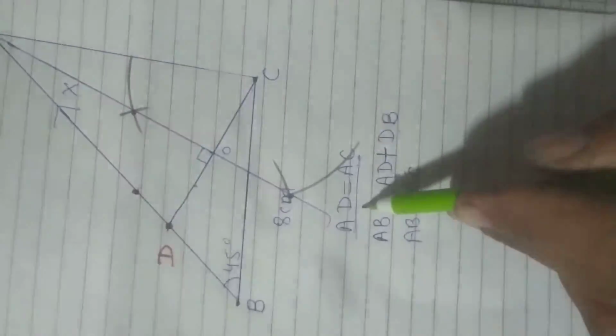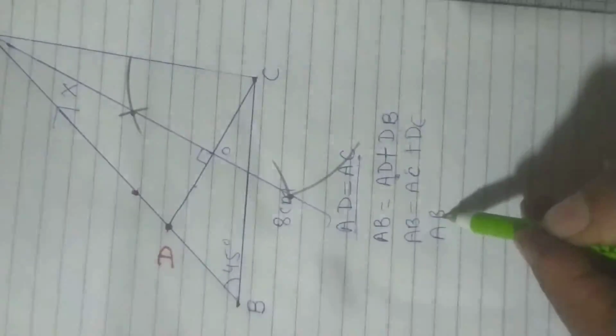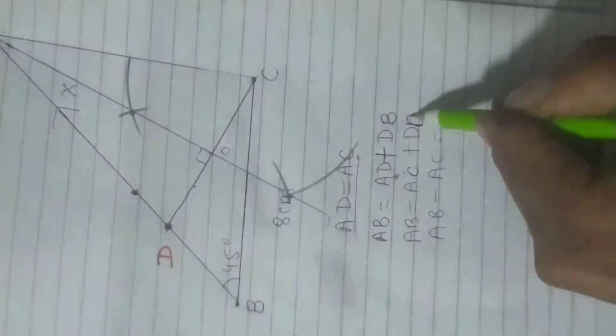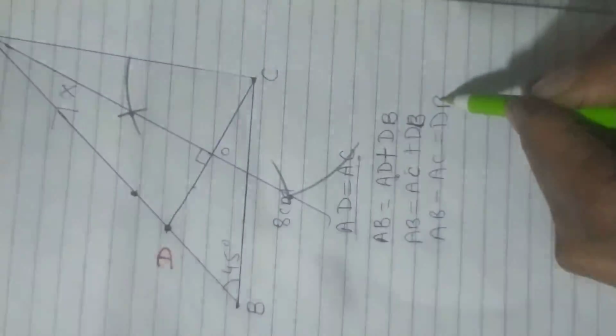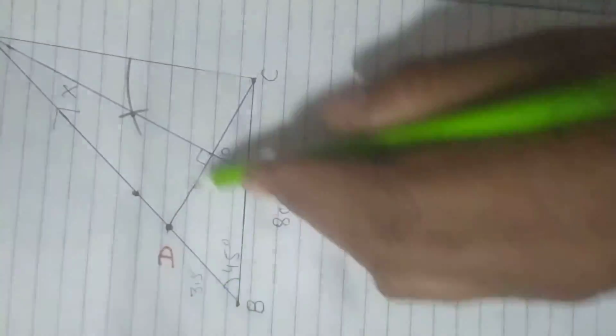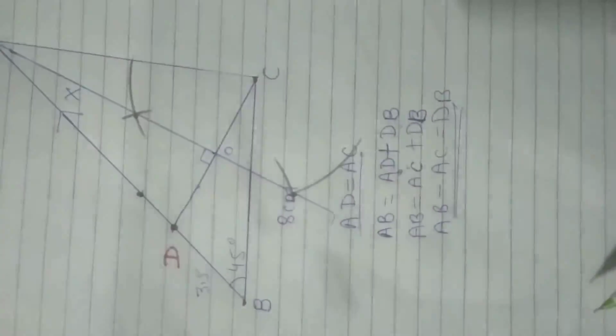So putting the value of AD here, you can check AB minus AC is equal to DB, and this DB was already, you have marked it at 3.5 centimeter. Remember, 45 degree you had drawn, and then here you have marked it. So here the construction is justified.